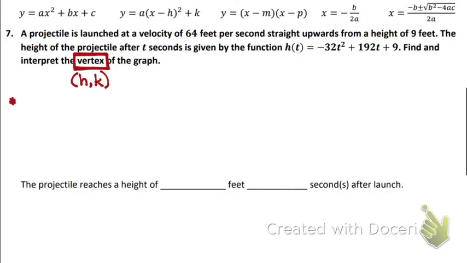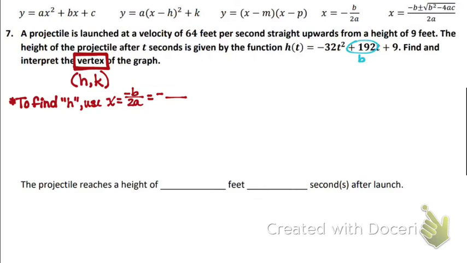We could also find the axis of symmetry. Either one of those would work. So to find H, use x equals negative b over 2a.